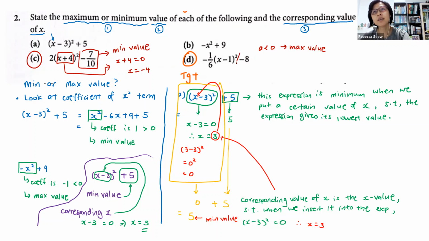Our maximum value will be this. What is the corresponding value of x? Look at what is within the brackets. Equate it to 0. From there, we will get our value of x. This would be our corresponding value of x.